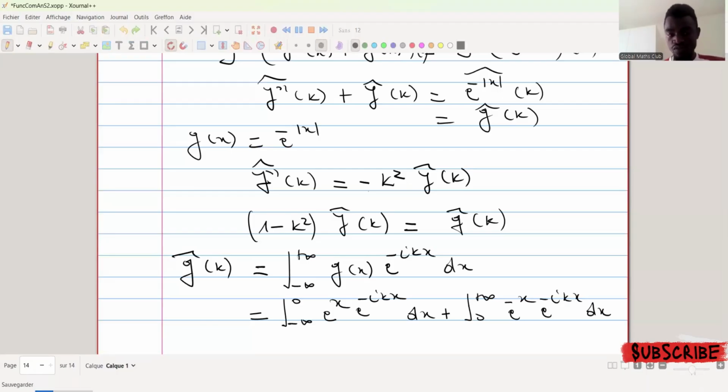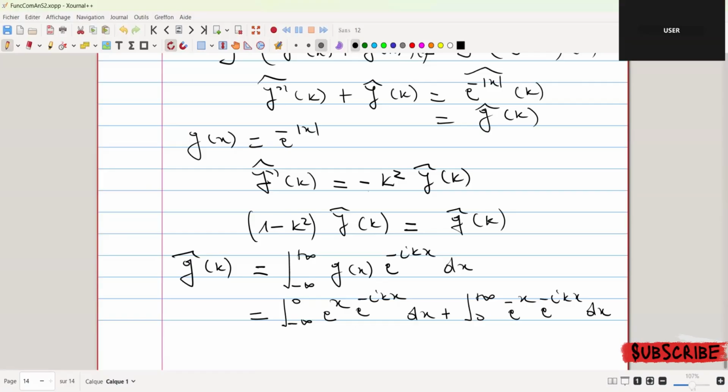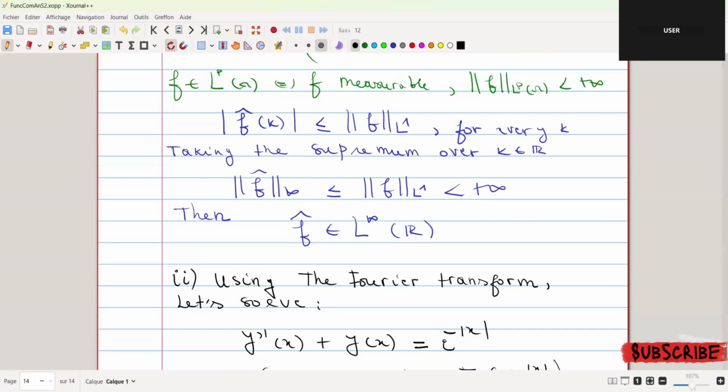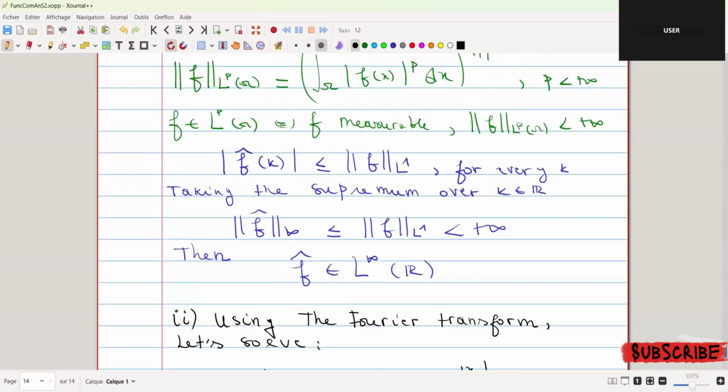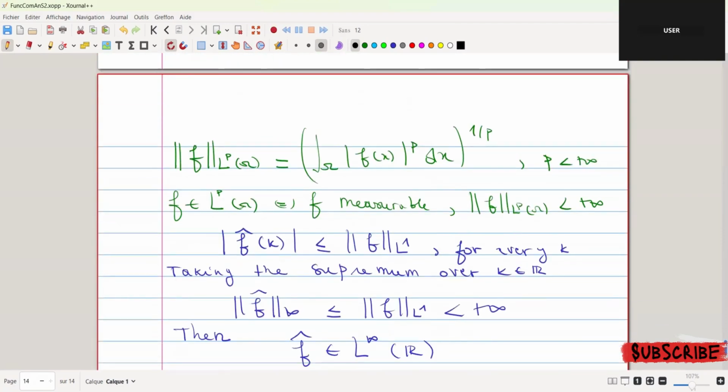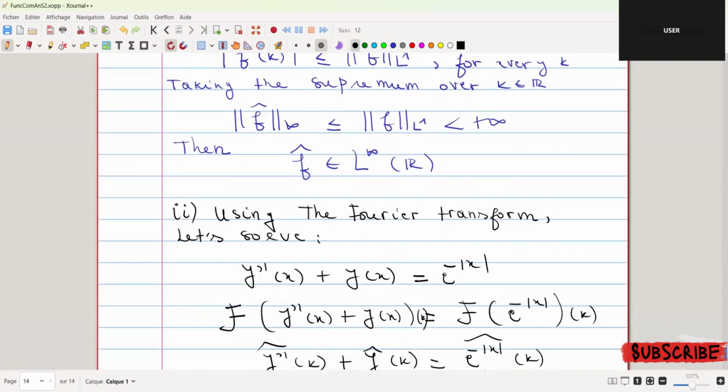Why didn't you bring the 1 over root 2 pi when you were writing the G cap? When I'm writing what? The Fourier transform, we know that the formula is 1 over root 2 pi, integral from minus infinity to positive infinity, e to the power something.